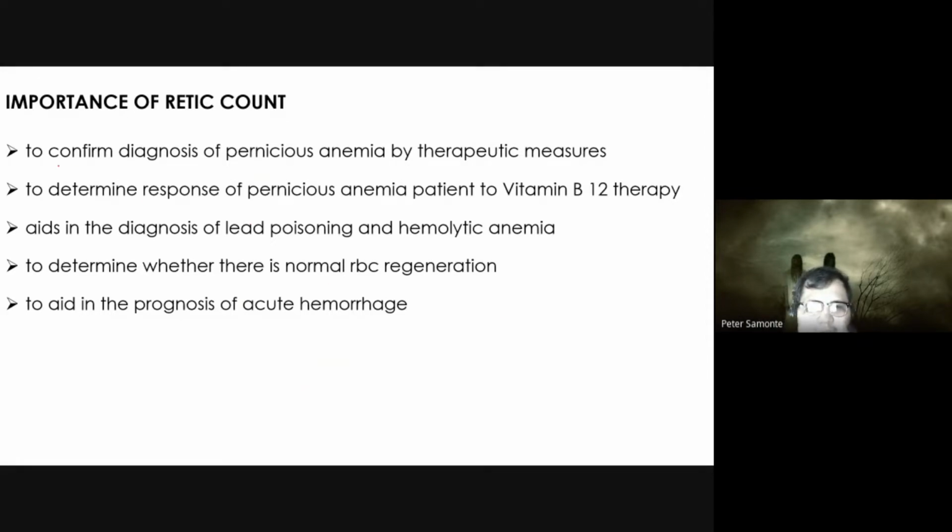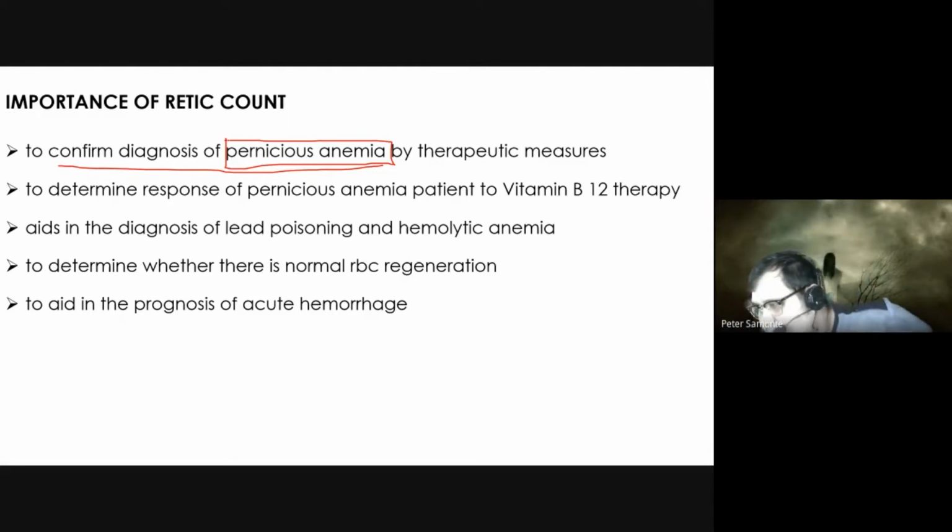Now, here are the importance of your retic count. To confirm the diagnosis of pernicious anemia. Class, what would cause your pernicious anemia? Ano ang nagko-cause ng pernicious anemia? If you would recall. What can cause pernicious anemia? Vitamin B12 deficiency. Very good.